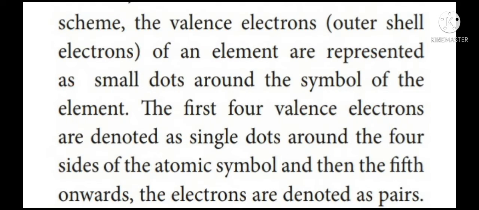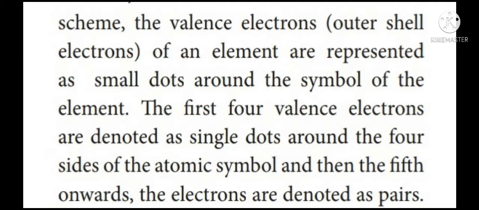Here, the valence electrons, that is, outer shell electrons of an element, are represented as small dots around the symbol of the element. The first 4 valence electrons are placed as single dots around the 4 sides of the atomic symbol, and the 5th electron is paired with any one of the single dots.